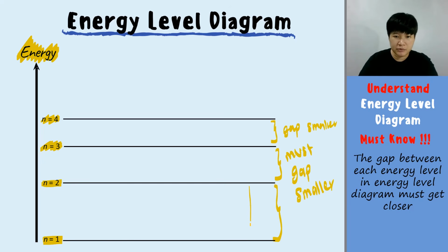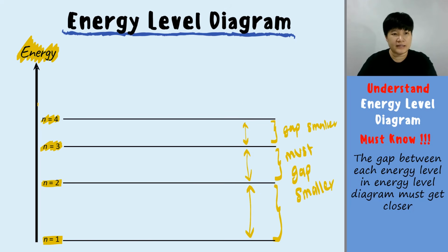So the gap between each energy level going up to another must get smaller. It's not needed to measure how much smaller, as long as your eyes can see the difference. It's important for you to clearly see that the gap becomes smaller.